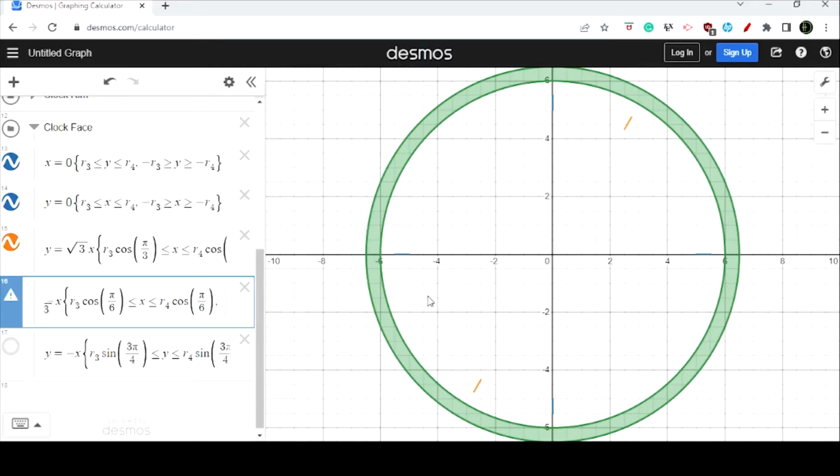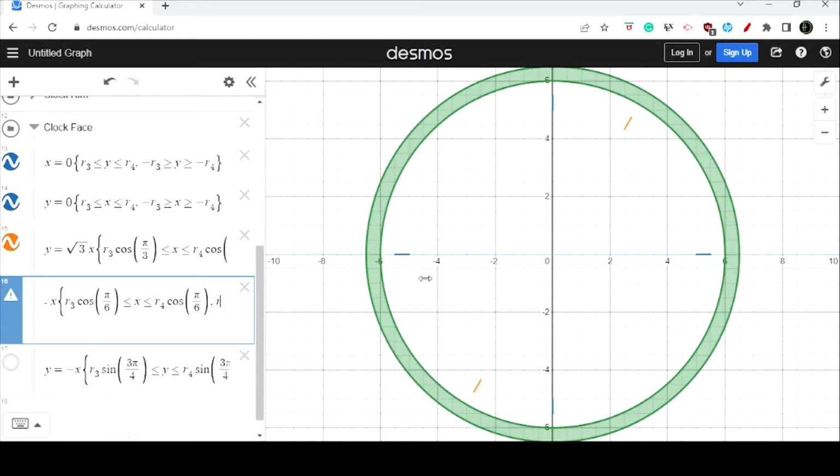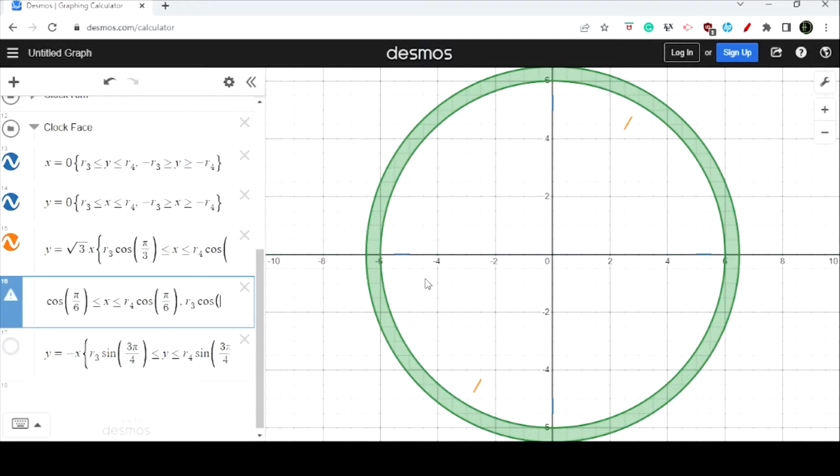So this would be pi radians around plus another 30, so we're adding another 1/6 to it, so you're looking at 7 pi over 6 if I am not mistaken. So we minus R3, 7 pi over 6.